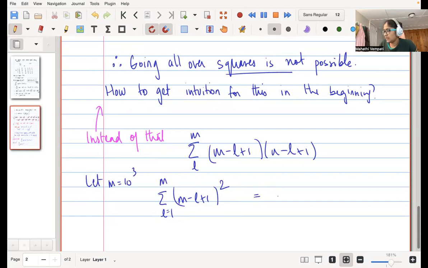This is the same as some k, when L is equal to m, you get 1, and when L is equal to 1, you get m.